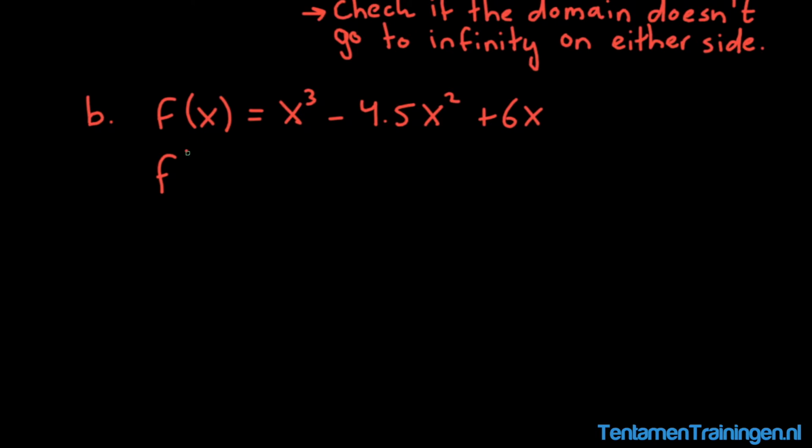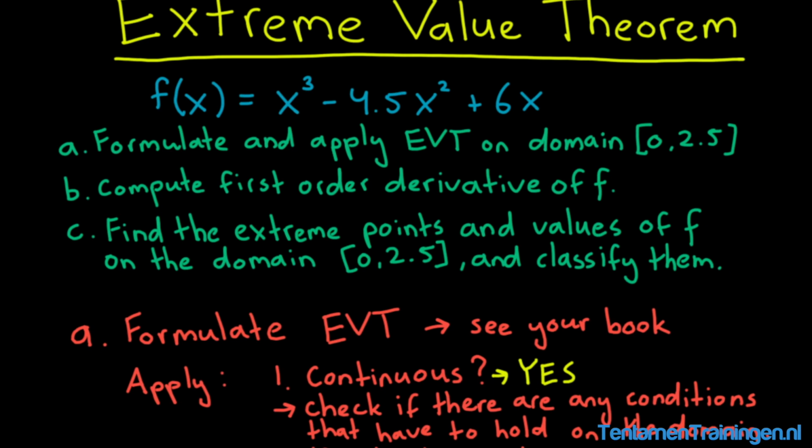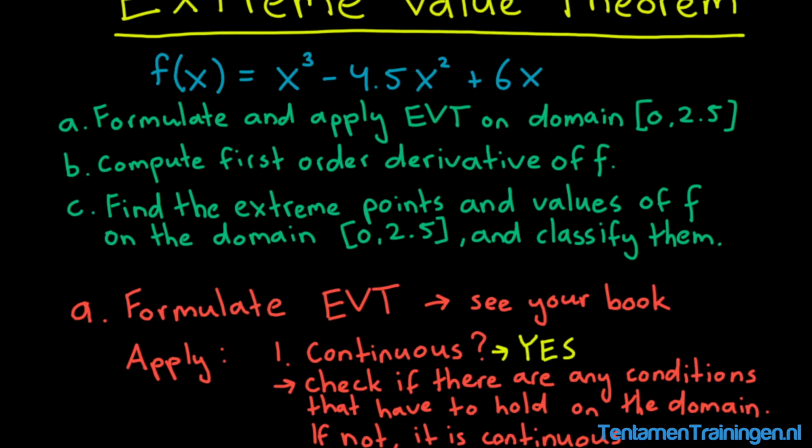Then if we take the derivative, for x to the power 3, the 3 comes down and the 3 becomes 2, so we get 3x squared minus 2 times 4.5 is 9, and the 2 becomes 1, so 9x plus 6, since there's only an x to the power 1 there. So that wasn't too hard. Make sure you're able to perform a derivative of such a function. In other movies we will see more complicated derivatives.